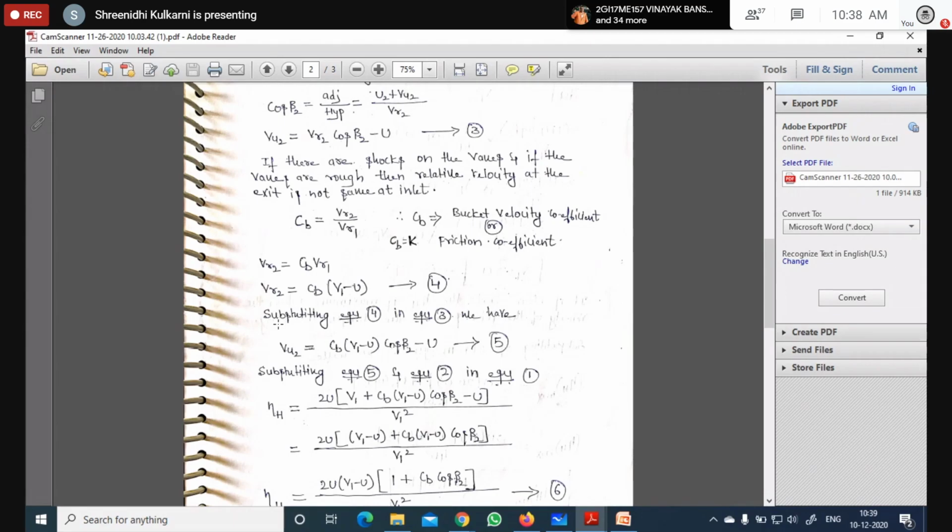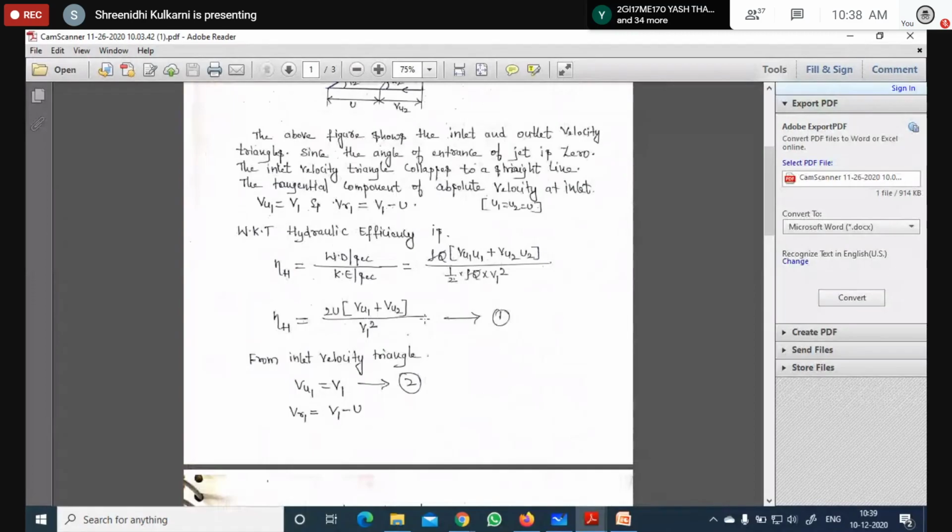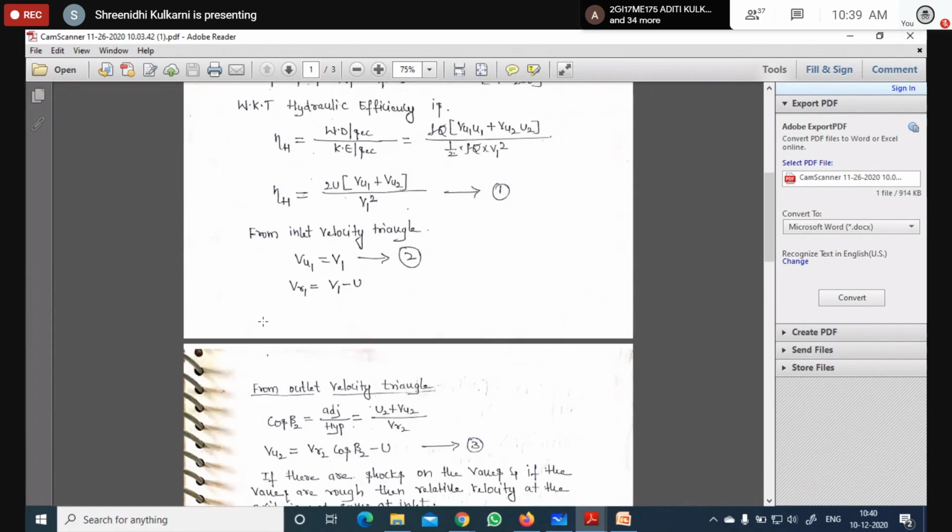Next, we already know VU1 and VU2. Once we know them, we can substitute them in equation 1, which is the hydraulic efficiency.